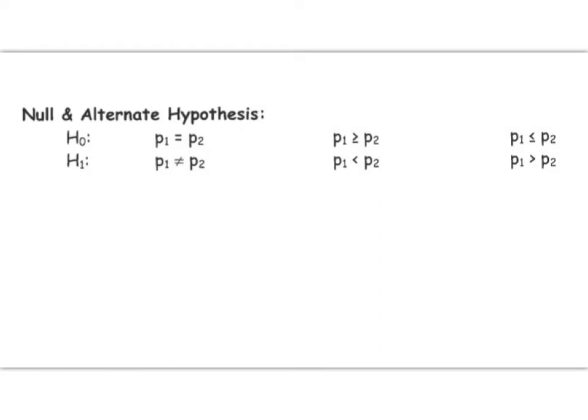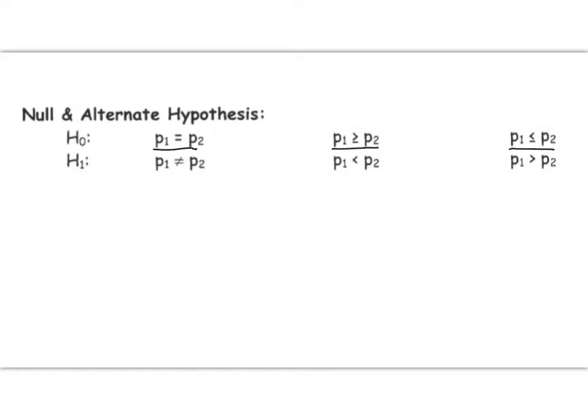When we're setting up a null and alternative hypothesis for our two population proportion independent samples, our null hypothesis can either be that our proportions are equal, that one proportion is greater than or equal to the second one, or that one is less than or equal to the second one.